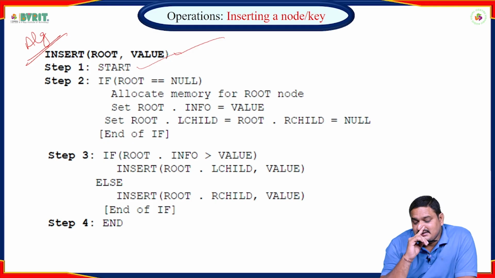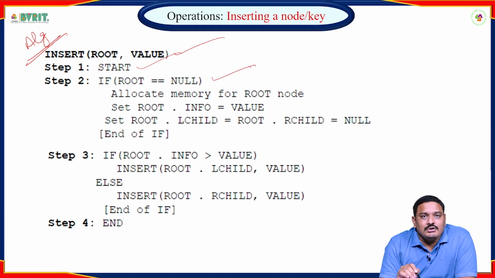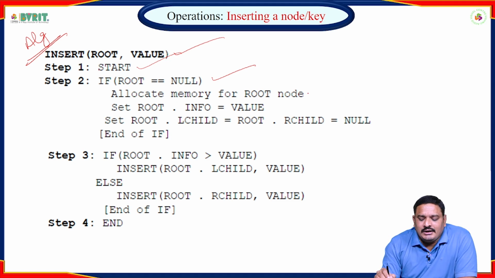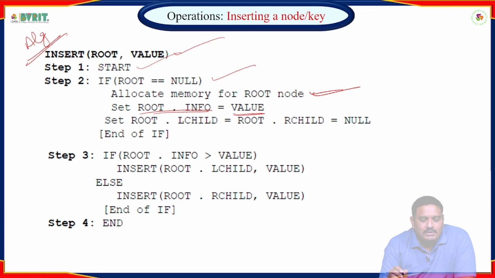Second step, if root equals null, this condition is always important for all binary search operations. If root equals null, we allocate a new root node: set root.information equal to value, and set root.left child and root.right child equal to null. That is the condition.